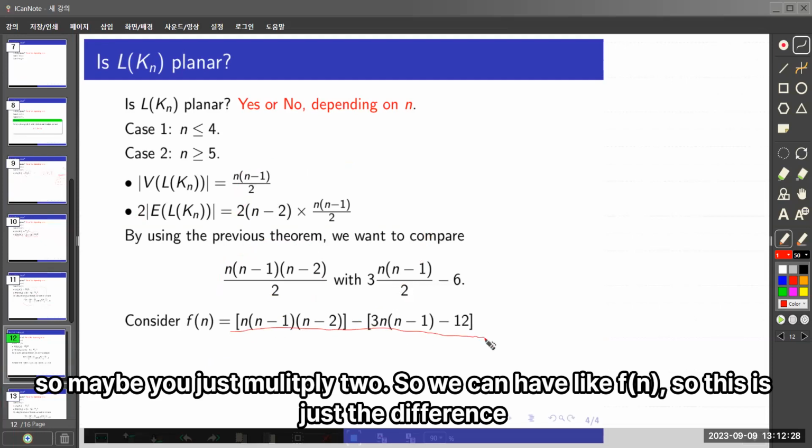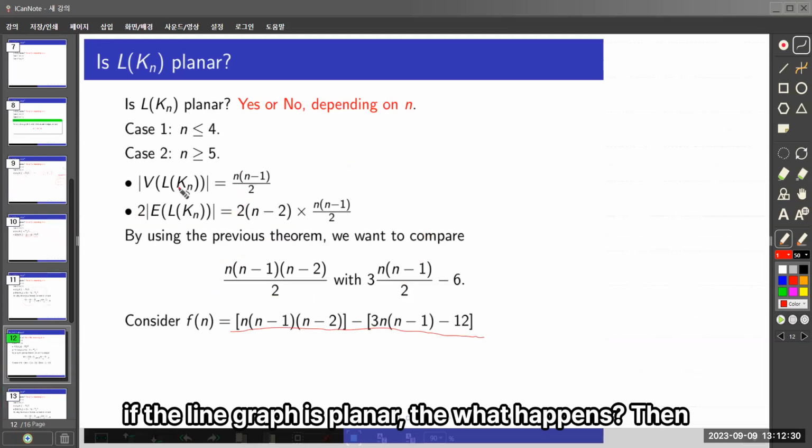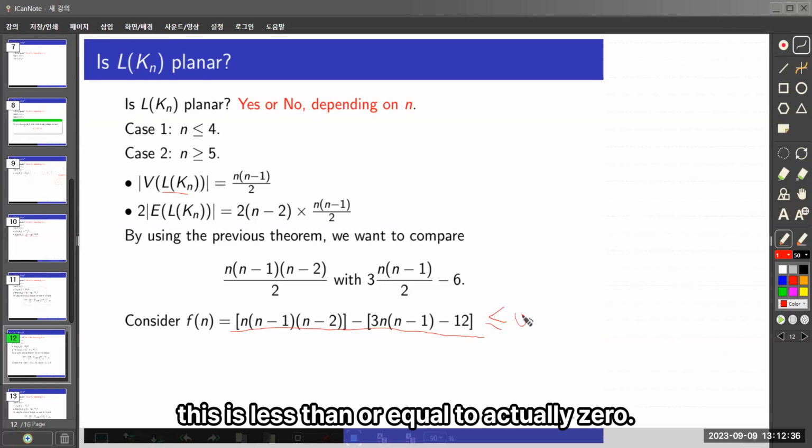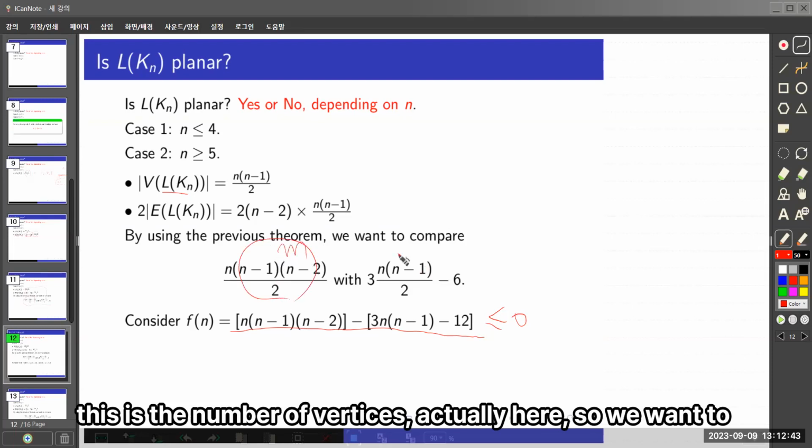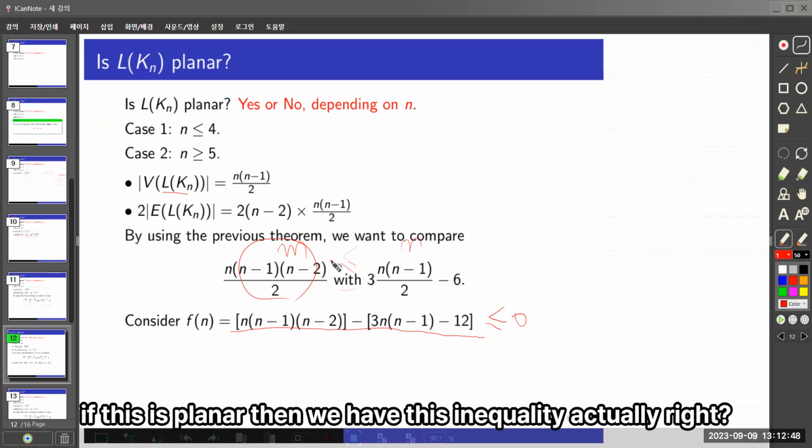If the line graph is planar, then what happens? Then this is less than or equal to 0, right? Because from here, this is the number of edges, and this is the number of vertices. If this is planar, then we have this inequality.